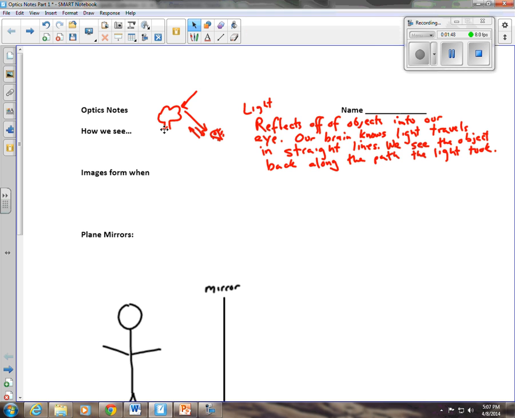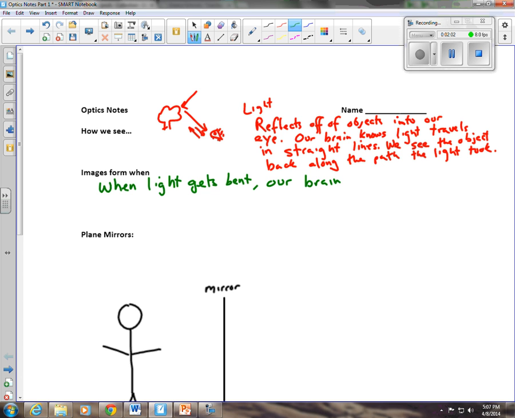Now, images form when light gets bent. Our eye, or our brain, still assumes it went in a straight line.